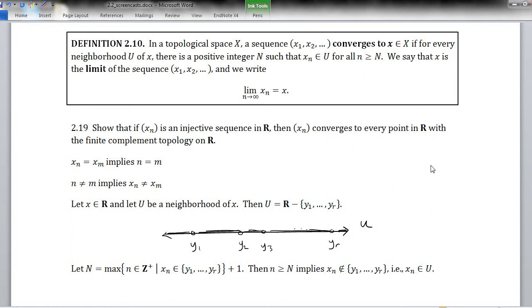So we're done. Hence, this sequence x sub n converges to this point x. But x was an arbitrary real number, so we are done.